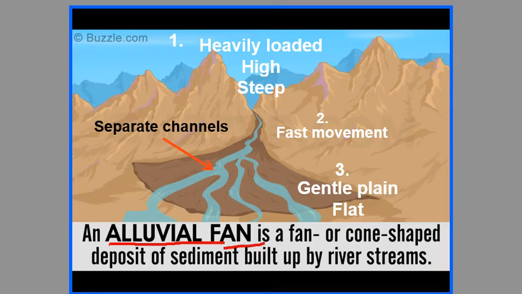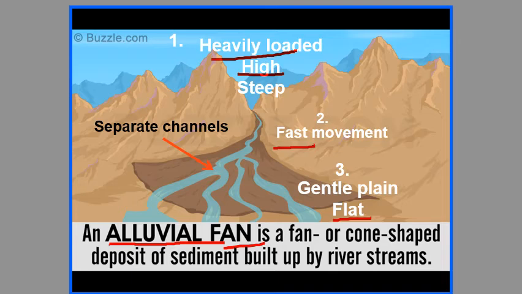An alluvial fan is formed when a very heavily loaded river, by that I mean the river is full of sand and silt, is flowing from a high-lying steep area, where I've printed those words, and the river flows fast down this high-lying area onto a very flat piece of land.